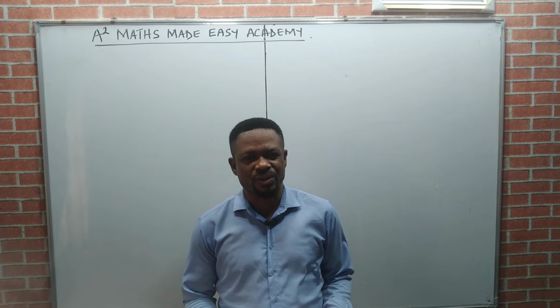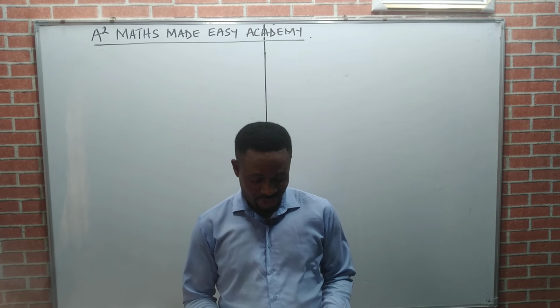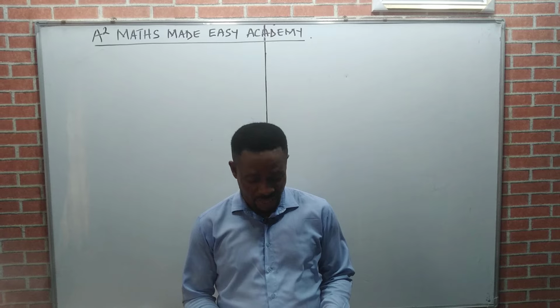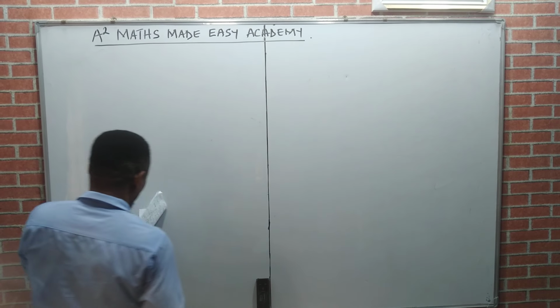Now this is a past question which I would like everybody to listen to attentively and watch the way I will solve it. Let's take it one after the other. To start with question number 1, I want you to watch.